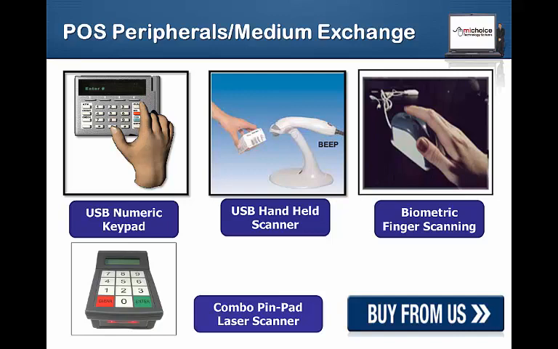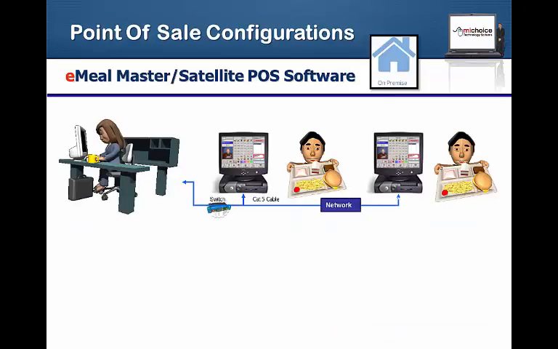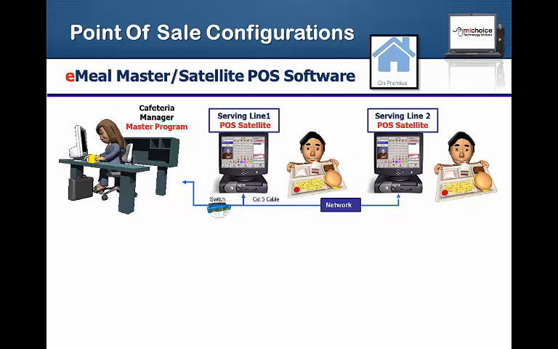Now I want to briefly show you an example of a multi-serving line point-of-sale software configuration installed on-premise. First, the point-of-sale manager software and database is installed on the cafeteria manager's computer. Next, the point-of-sale satellite software is installed on each point-of-sale computer located on the serving lines, which are networked back to the cafeteria manager's computer.